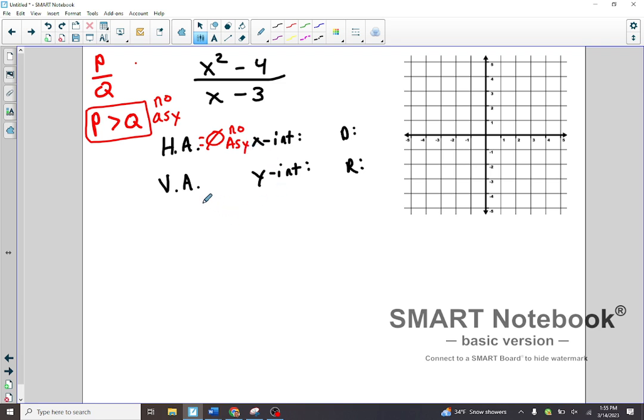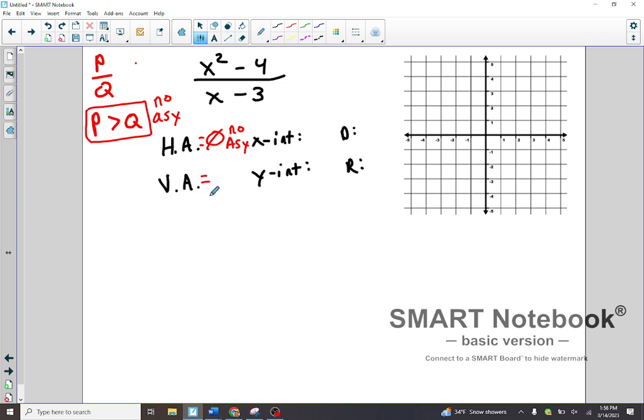So P over Q means no asymptote. Yep. Next one.